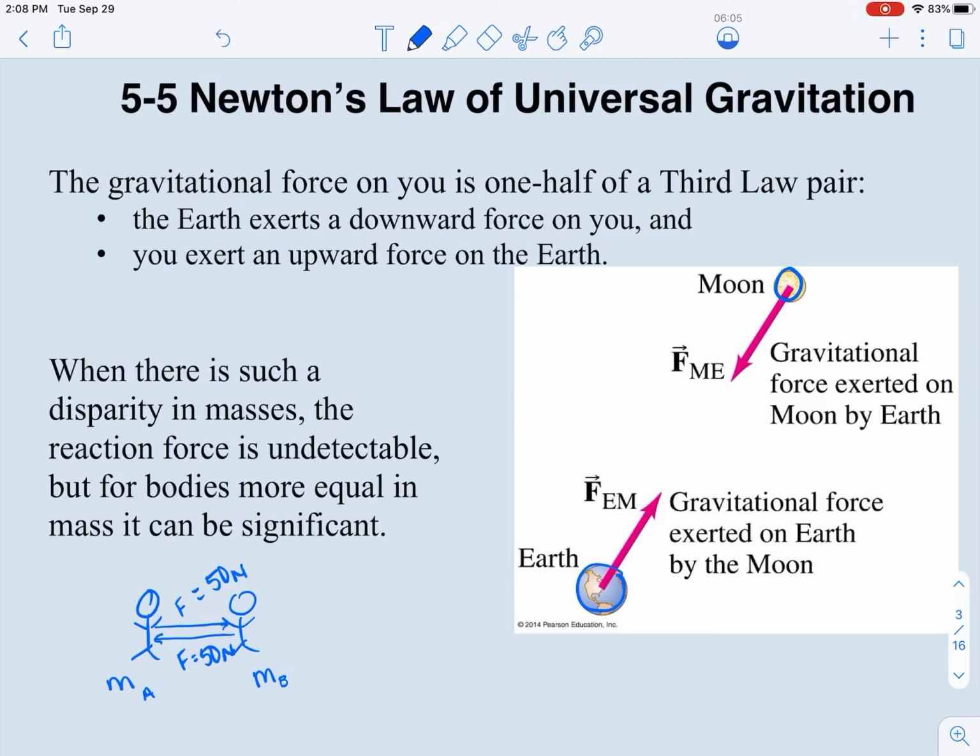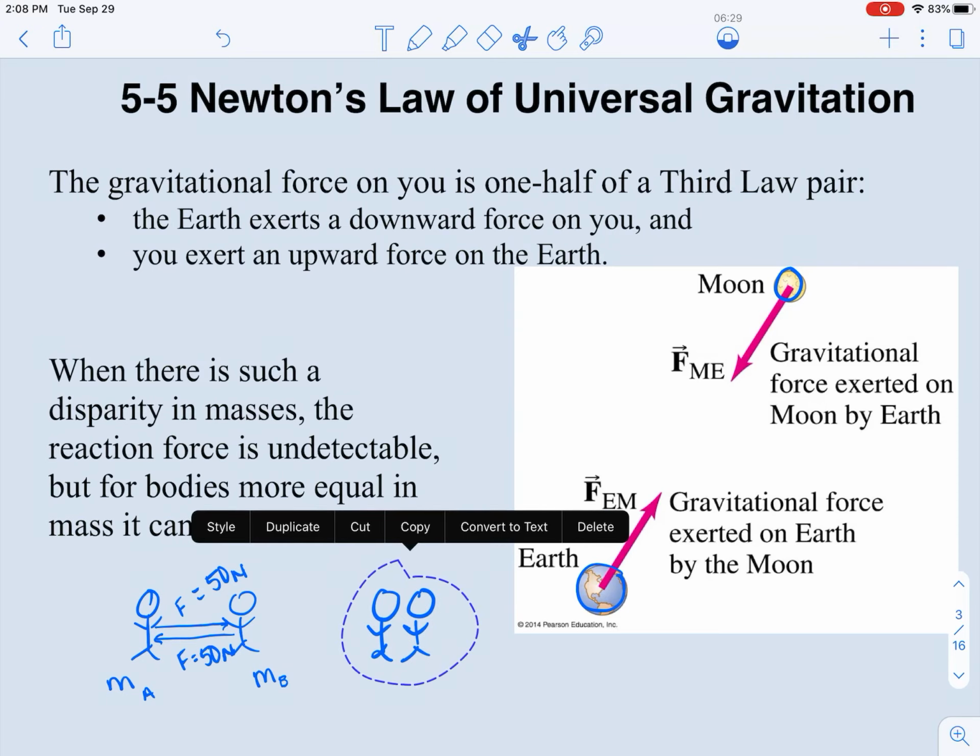If we take our two students who are currently social distancing and they are 6 feet apart, and we move them so that now they are breaking the rules, and they are closer together, and let's say now they're only 1 foot apart. Well, these students are going to once again create a gravitational force between the two of them.